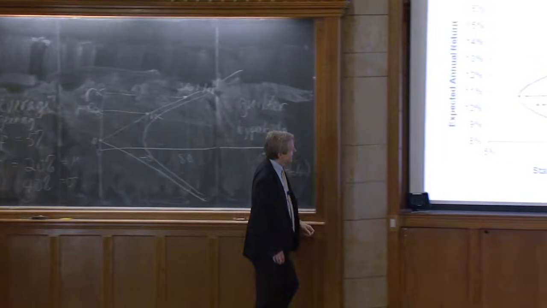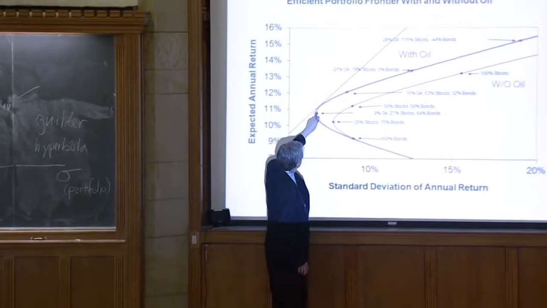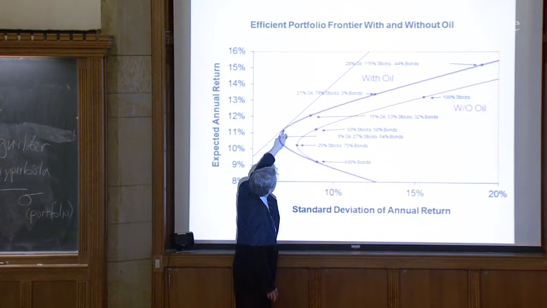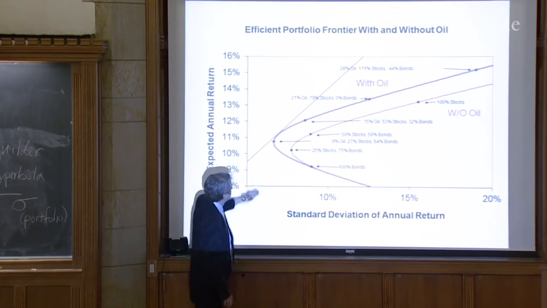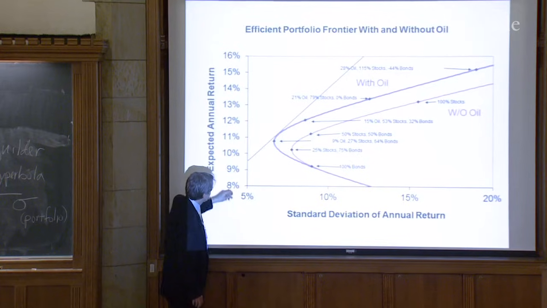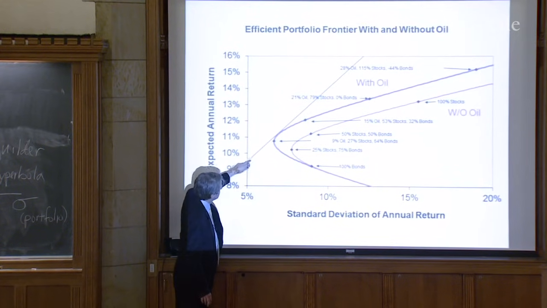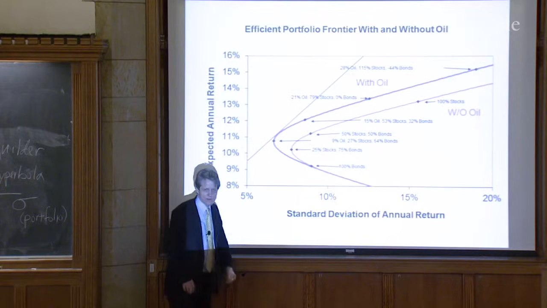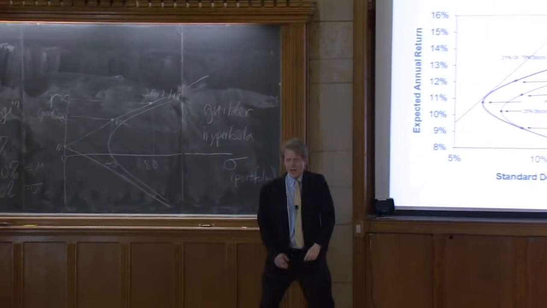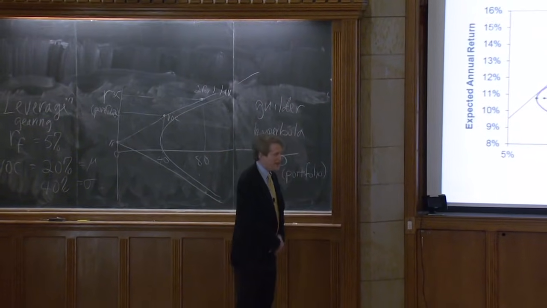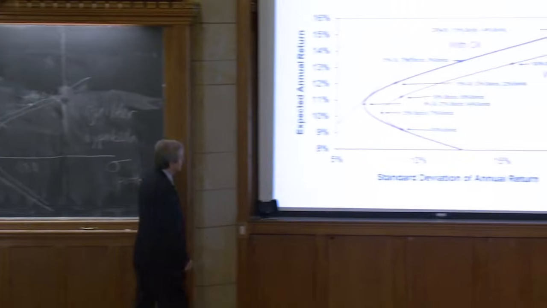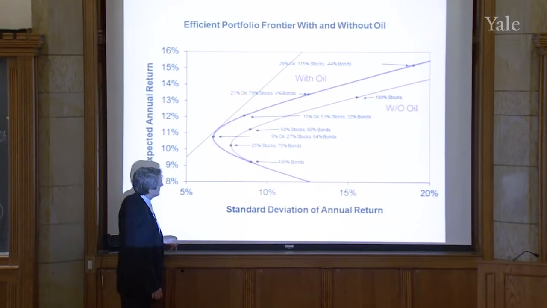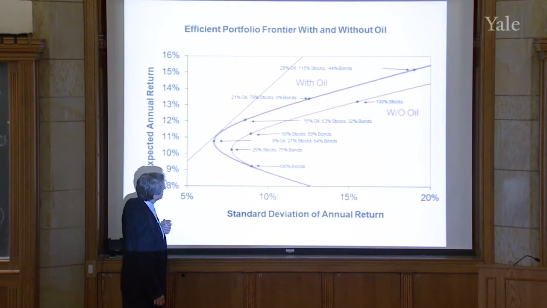It turns out then that I want to pick the point which has a tangency with the efficient portfolio frontier. And so that means the highest straight line that touches the efficient portfolio frontier. And so now I can achieve any point on that line. And that's, again, Markowitz insight.